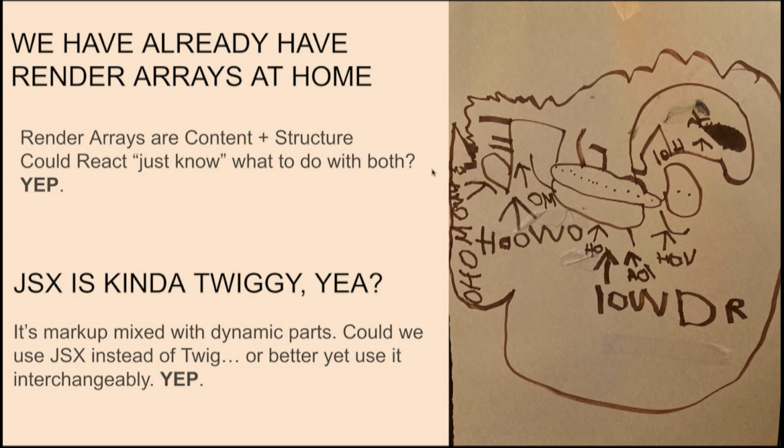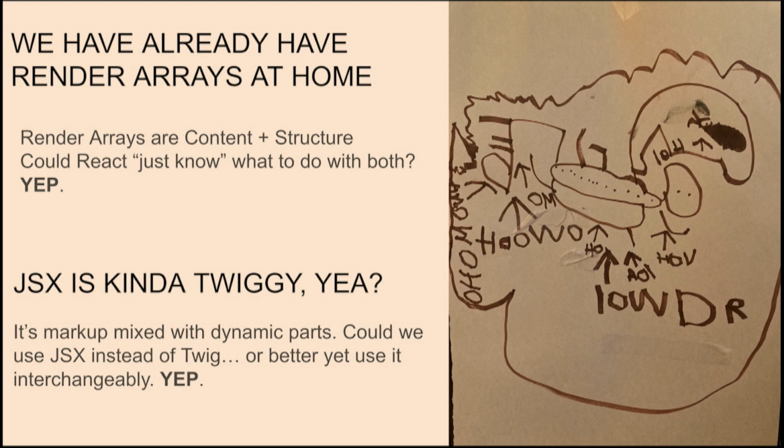Another thing that we kept in mind when coming up with this is that JSX is kind of twiggy, right? With Twig, you've got your markup. It's HTML instead of JSX, but JSX can be HTML. You can inject variables, and with a React component, it's props. It's basically the same thing. And then you're offered a certain amount of logic.